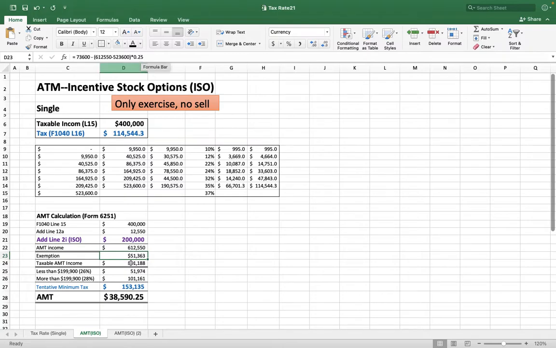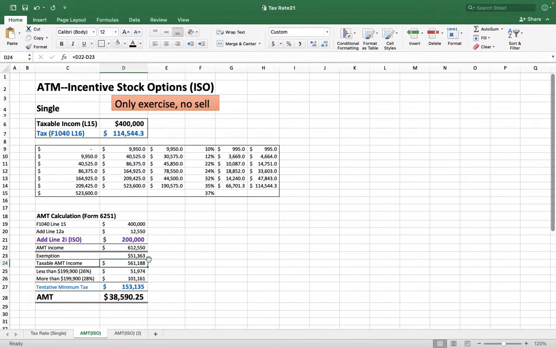But because your income is above this amount, your exemption is reduced to $51,362. Your AMT income minus your exemption amount gives you what is called taxable AMT income.